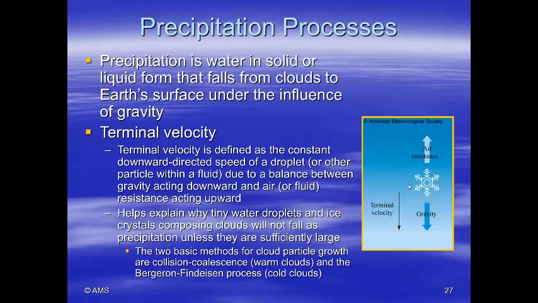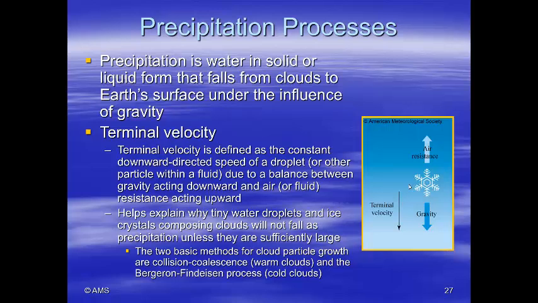As they begin to fall faster and faster, the air resistance gets larger. So the faster you're going, the more air resistance. Eventually, as the air resistance increases, you're still going faster and faster towards the Earth, but the rate at which you're going faster begins to decrease.